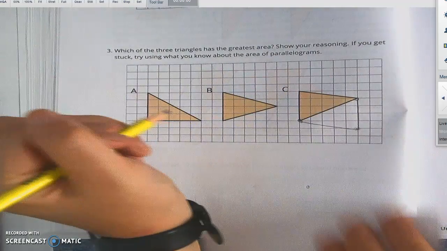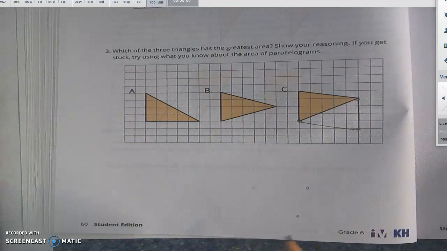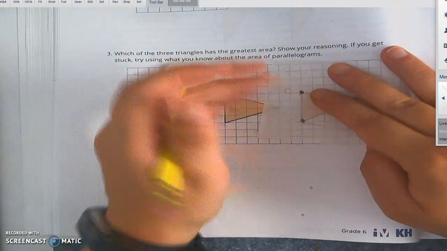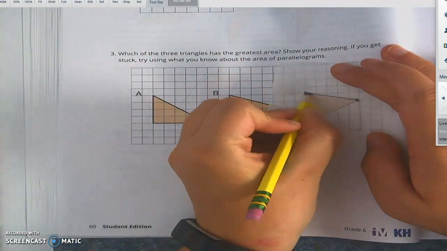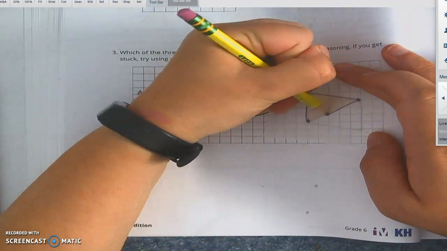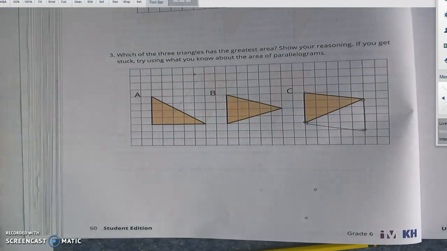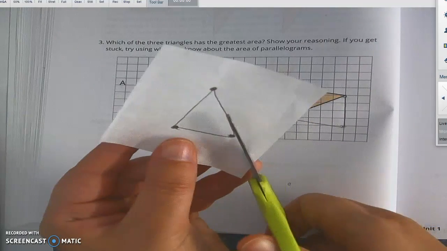to help me out. So another option, if you saw that and you were like, whoa, why would she do it that way? That's totally weird. I could trace it. I could trace the whole thing. And then I could use scissors to cut it out.